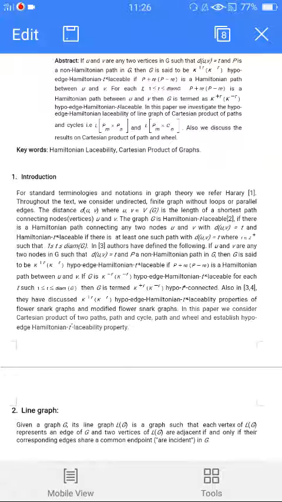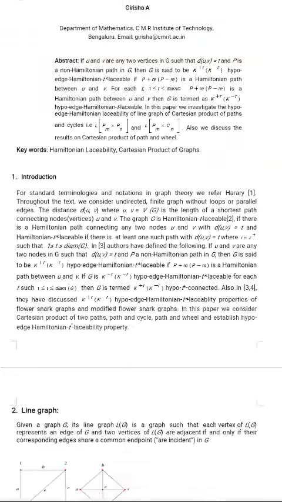Okay, so in this paper what we have discussed is hypoedge Hamiltonian laceability of Cartesian product of two paths, and of cycle, as well as path and wheel graph.